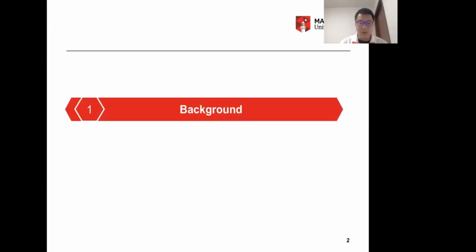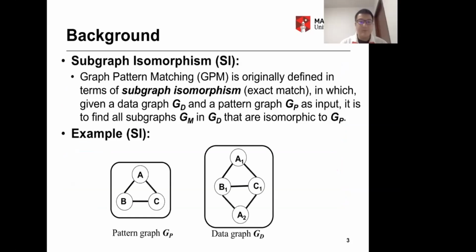So let's begin with the background. Graph pattern matching is originally defined in terms of subgraph isomorphism, in which, given a data graph GD and a pattern graph GP as input, it is to find all subgraphs GN in the data graph that are isomorphic to the pattern graph GP. Here I give a simple example to show what subgraph isomorphism is.